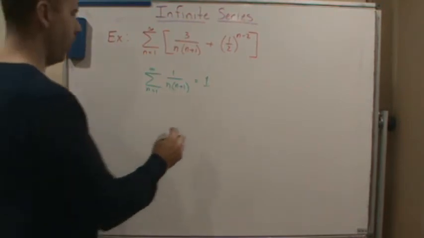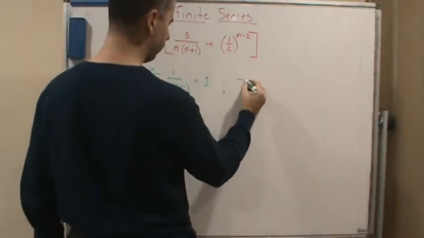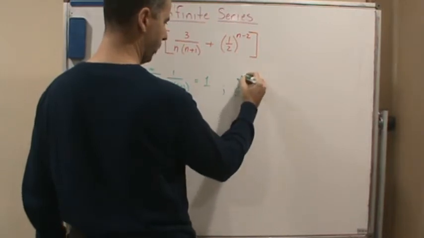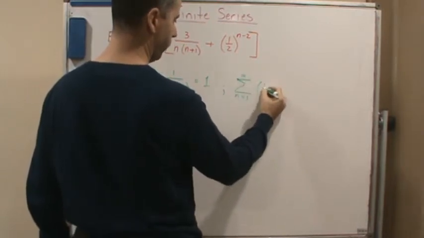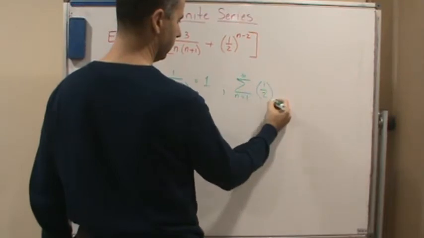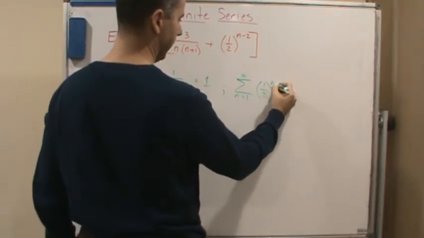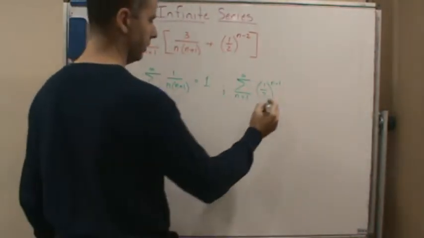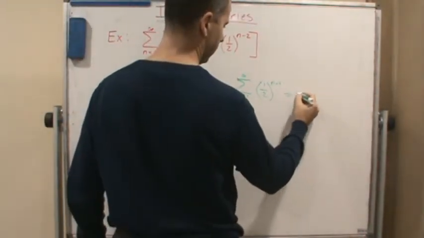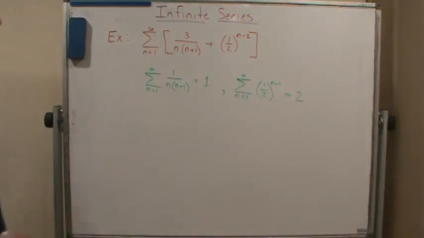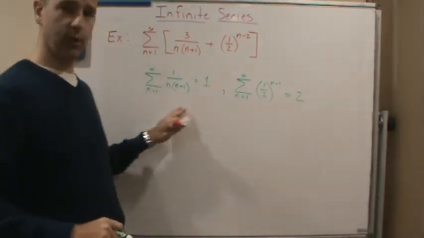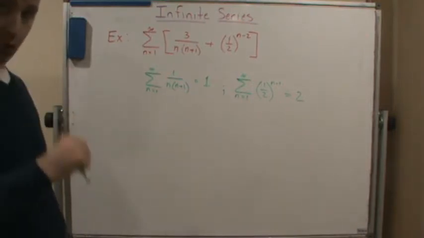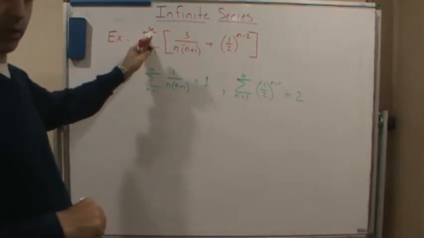We also showed that the series n equals 1 to infinity of 1/2 to the n minus 1 also converges to 2. So since these both are convergent series, we can use the algebraic properties to tackle this one.